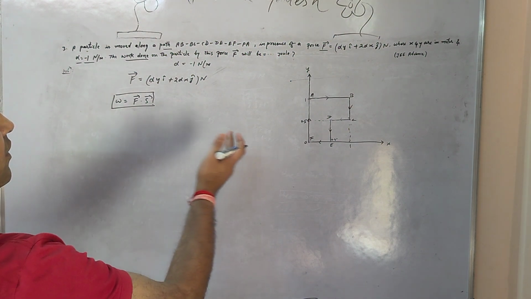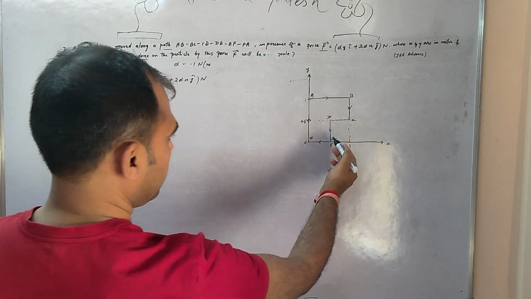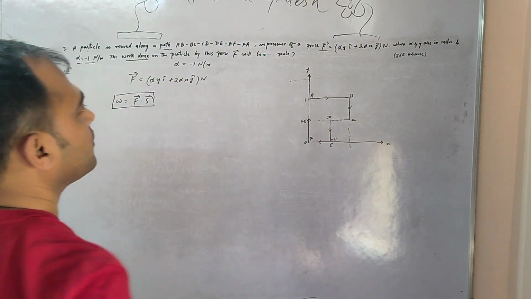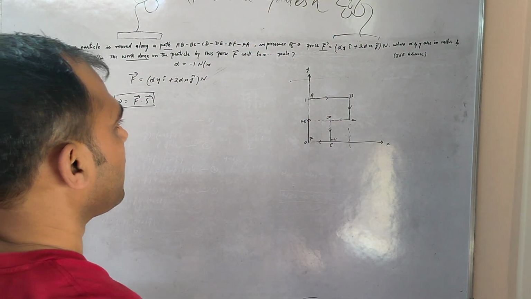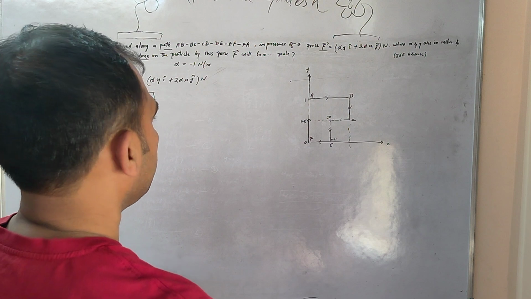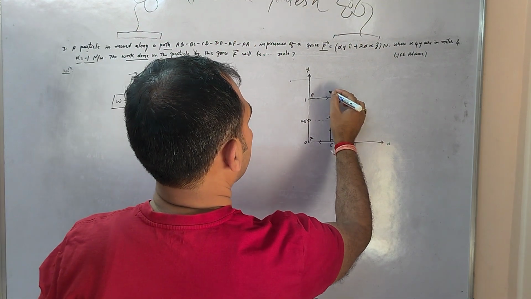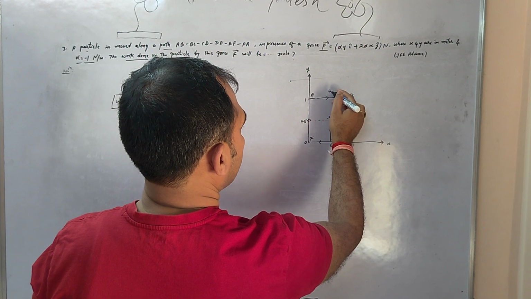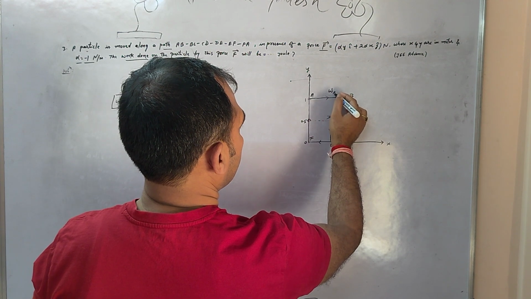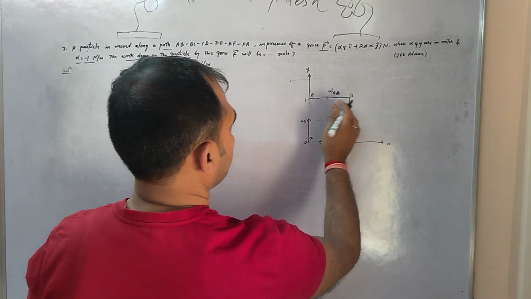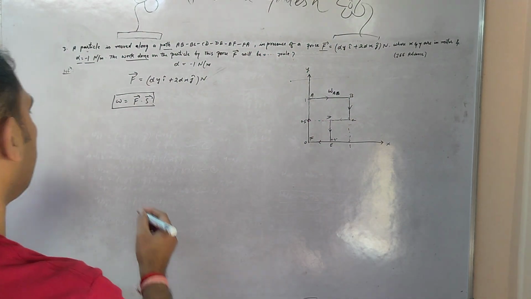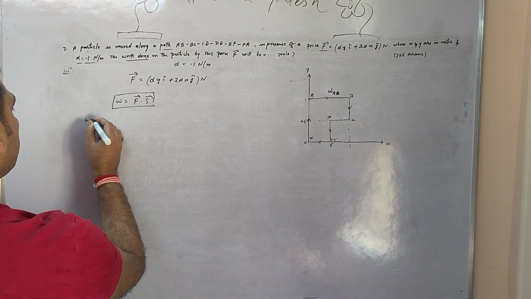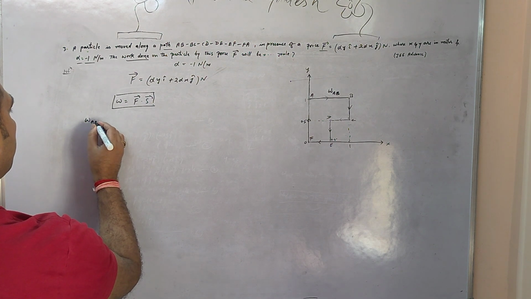So now let us find the work done by F in this process. So first of all, particle goes from A to B. So work done by the force from A to B, what will be work done by the force from A to B?